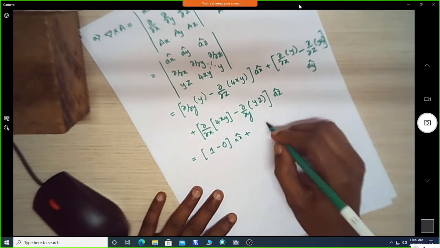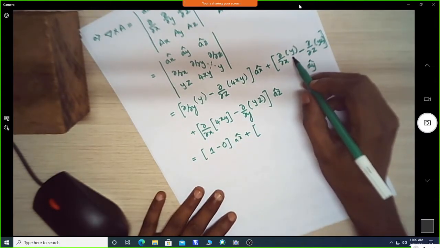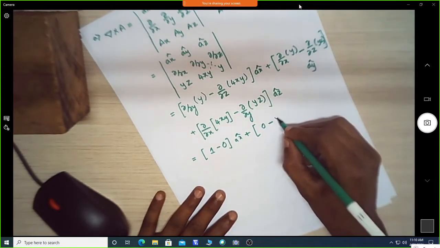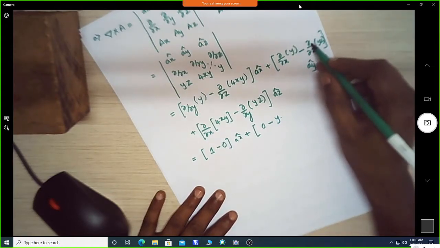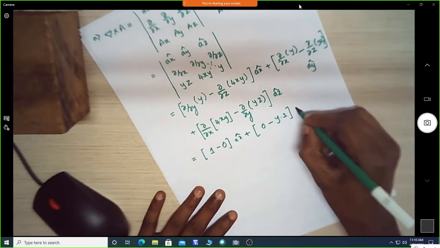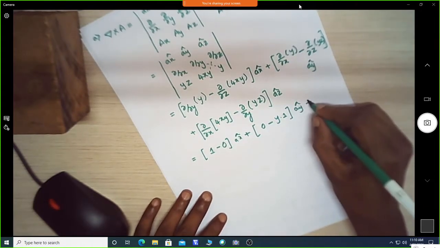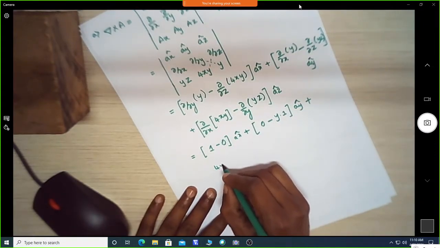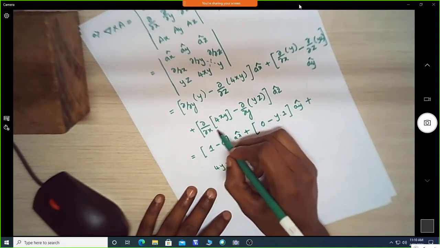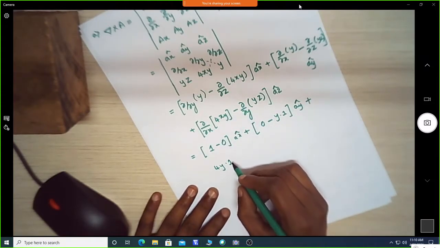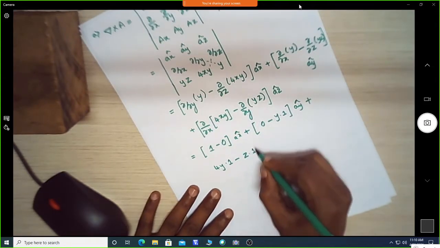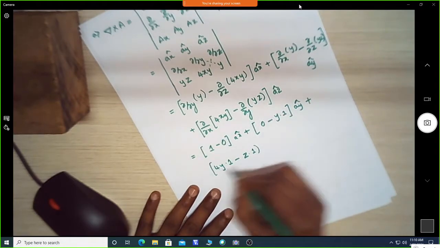And similarly for this one, y is constant with respect to x, which is 0, and the differentiation of z with respect to z is equal to 1. So this is in the ay direction. And similarly in the az direction, with respect to x, 4y is constant and del by del x of x is 1. Okay, minus, with respect to y, z is constant and the derivative of y is 1. So this is in the direction of az.